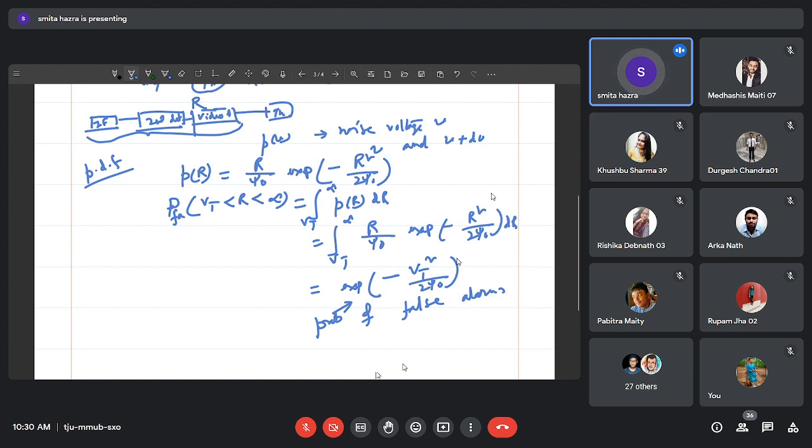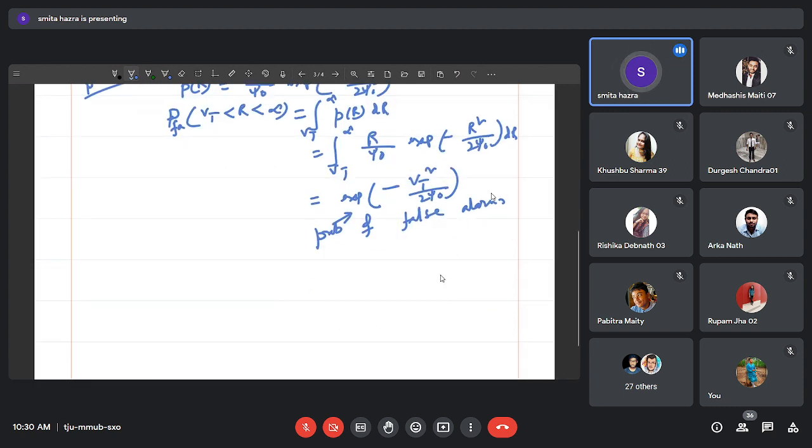Let us measure the time gap between false alarms, that means when only the noise signal exceeds the level of Vt, what is the time gap between these two events? I think that will be the best way to express this.